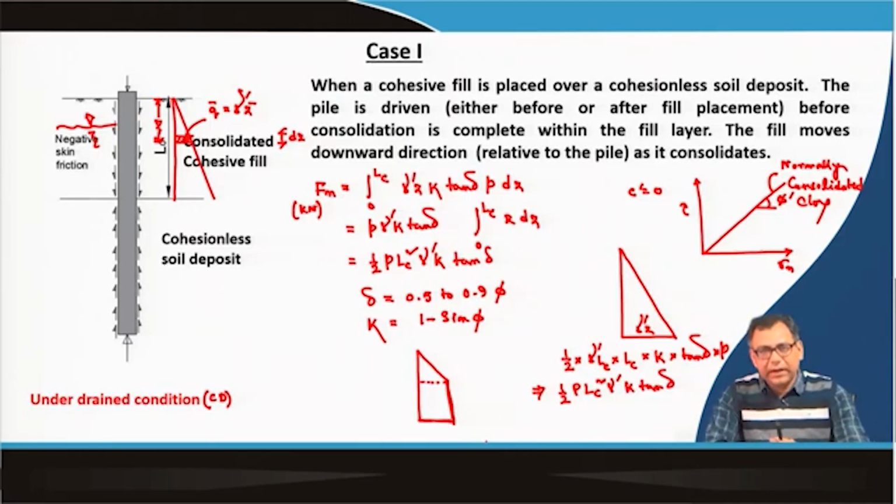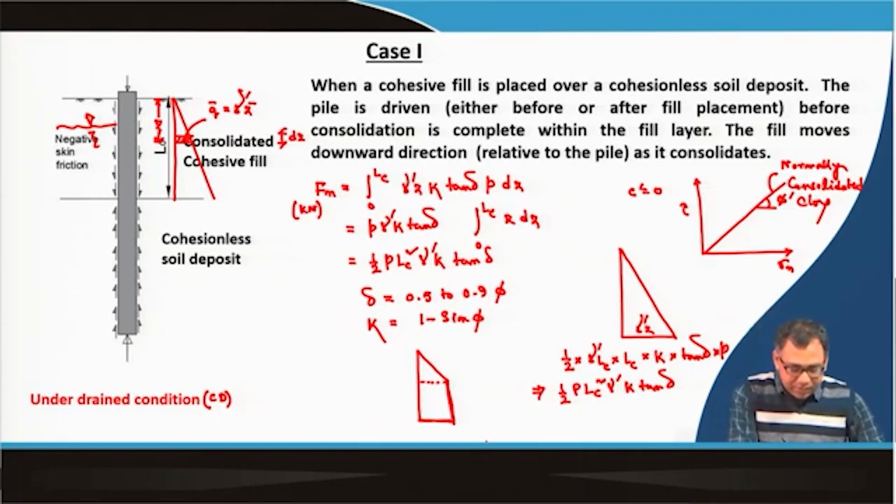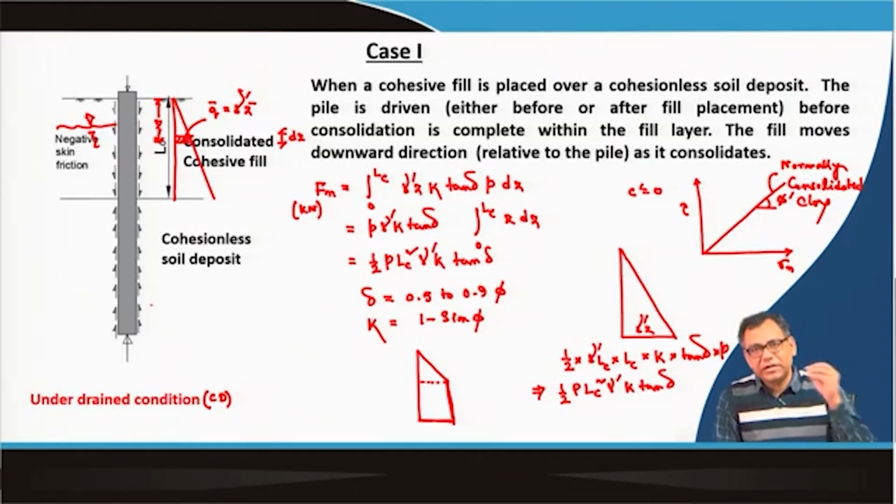And remember that in this first case, the negative friction will be due to the fill movement only. The lower cohesionless soil will not have any significant effect on the negative skin friction value. The lower cohesionless soil will give the upward friction resistance, as I have shown, and that upward friction resistance will increase due to the application of this fill, because the effective overburden pressure will increase for the cohesionless soil also.